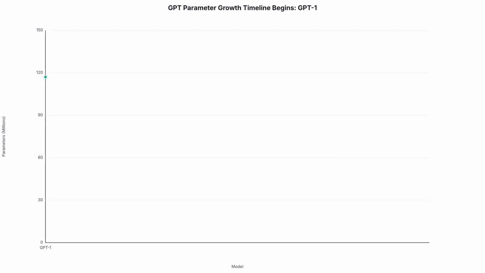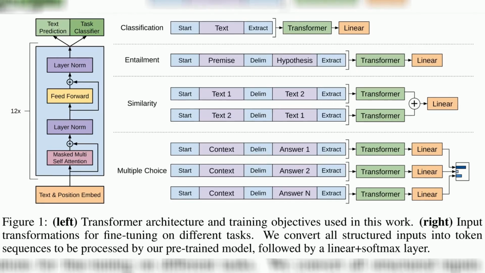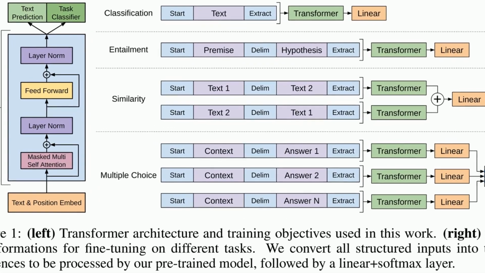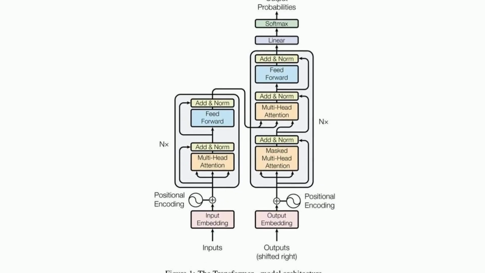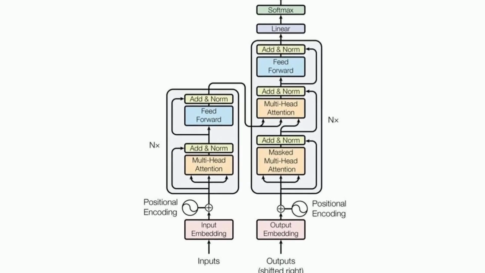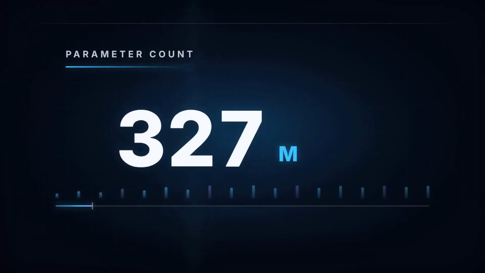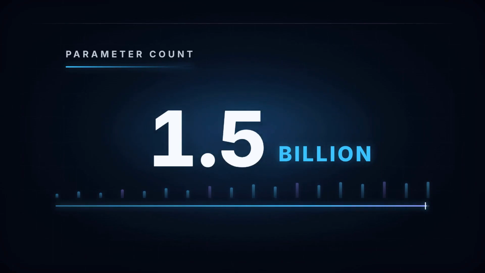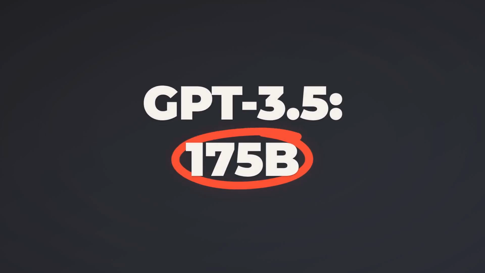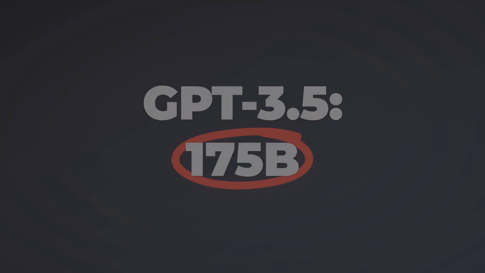The first version of GPT had 117 million parameters. GPT-2, released in February 2019, had 1.5 billion. GPT 3.5 reached approximately 175 billion.